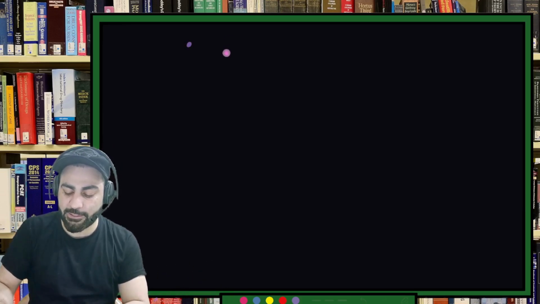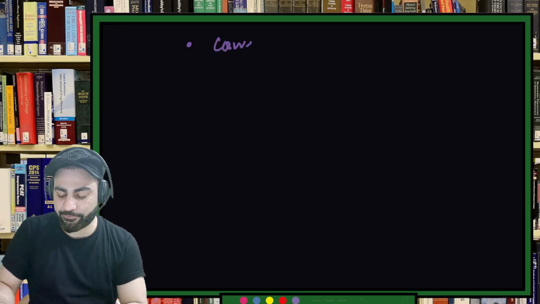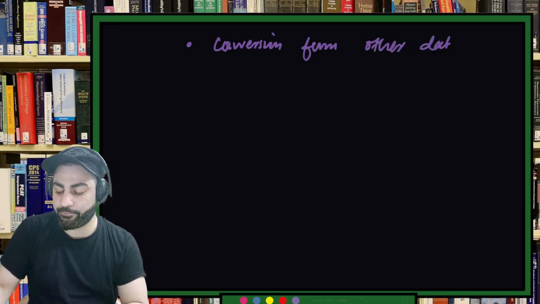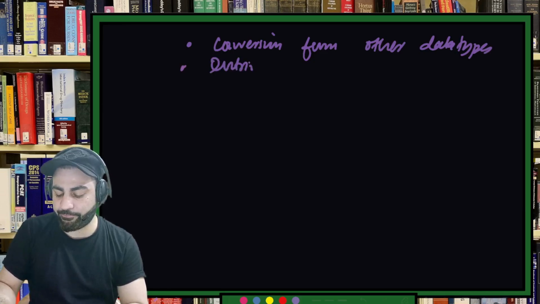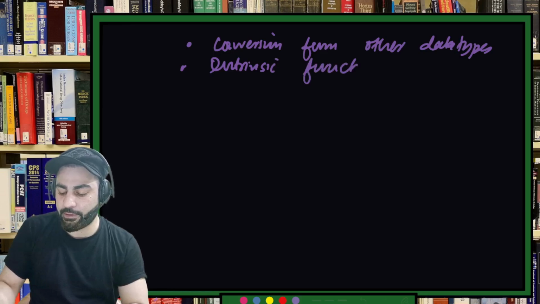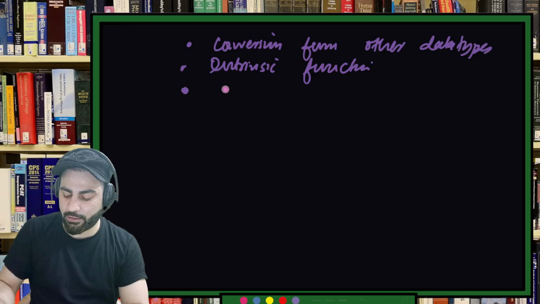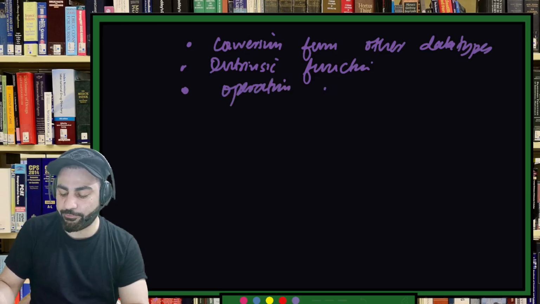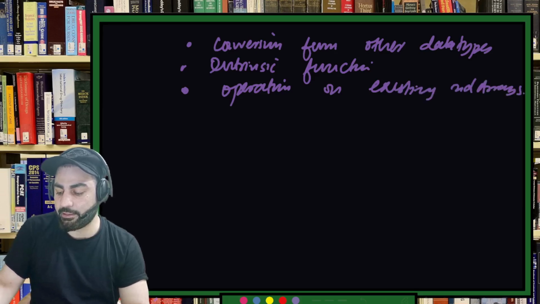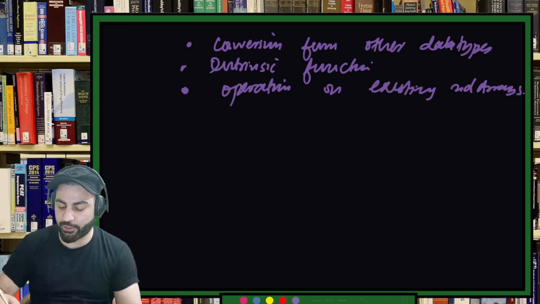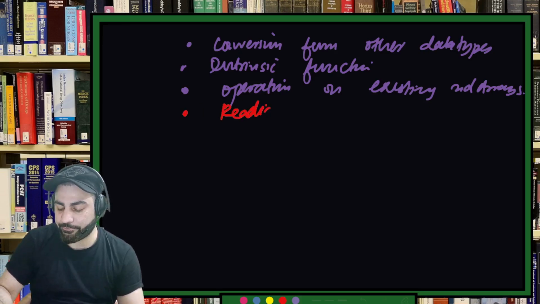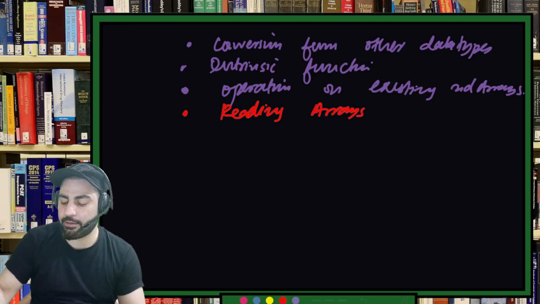Okay, the first method, just to reiterate, was conversion from other data types, and then the other thing was intrinsic functions, and the third was operations on existing ndarrays. Okay, now the fourth thing that we will see is reading arrays from the disk.